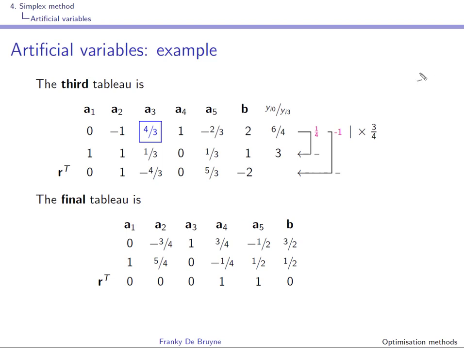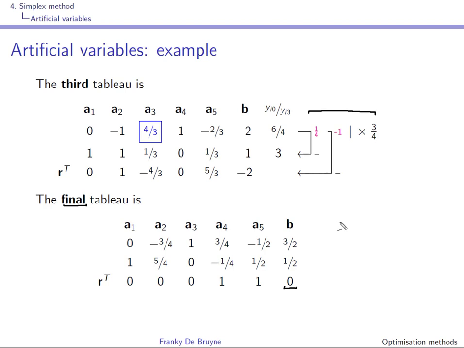And if you do these elementary operations on the third tableau, you'll obtain the fourth and final tableau, which is given over here, and you can see that it's the final tableau because all the elements in the last row are positive, right? And what is nice is that you can see here that the cost is indeed 0, right? And that the artificial variables have become non-basic, so they can be set to 0.